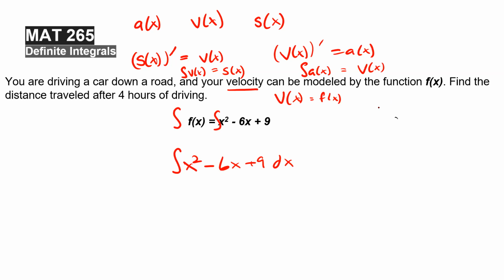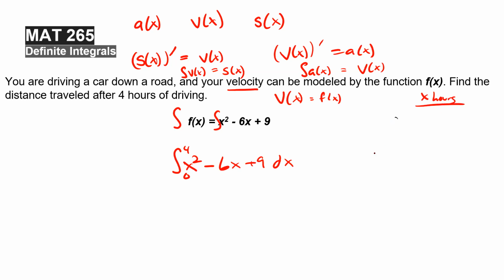But how should we bound this integral to find the distance after 4 hours of driving? If we want the first 4 hours, we can just go from 0 to 4, assuming the function is in x hours, of course.